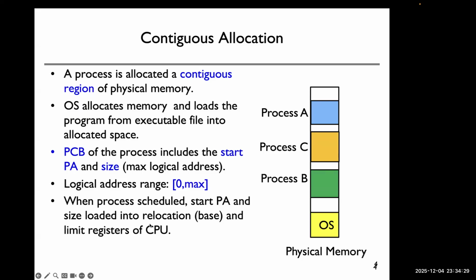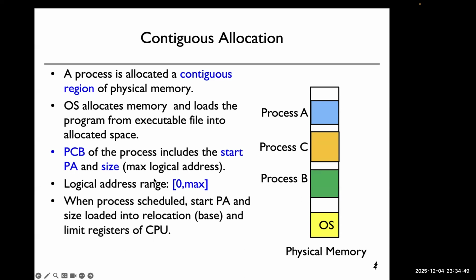Similarly, if another process comes in, depending upon its size, the operating system will look within the memory space for a chunk which can accommodate this new process, allocate that memory to it, and so on, right?